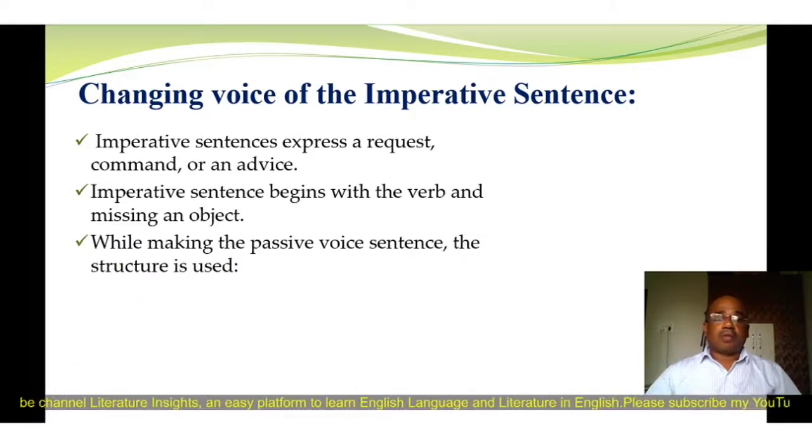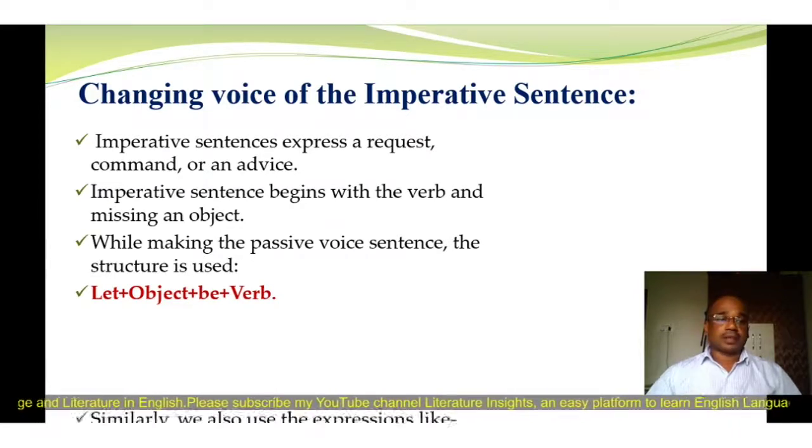Number 3, while making the passive voice sentence of the imperative sentence, we have to use the following structure: let plus object plus be plus verb. So this is the formula. The student has to keep in mind this formula for changing an imperative sentence from active voice to passive voice.